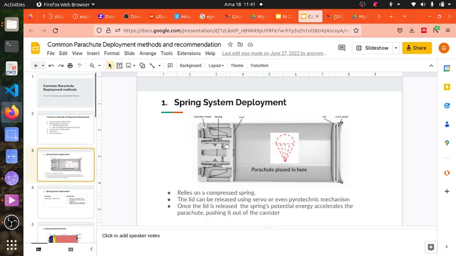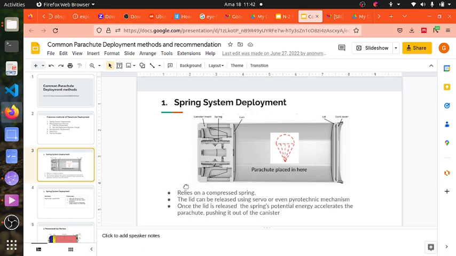So spring deployment: this is the body tube of a rocket, and then the spring is loaded right here, as you can see, and then this is the cut. When this cut is released, the spring pushes the parachute outside, breaking the cork cover lid, hence releasing the parachute.